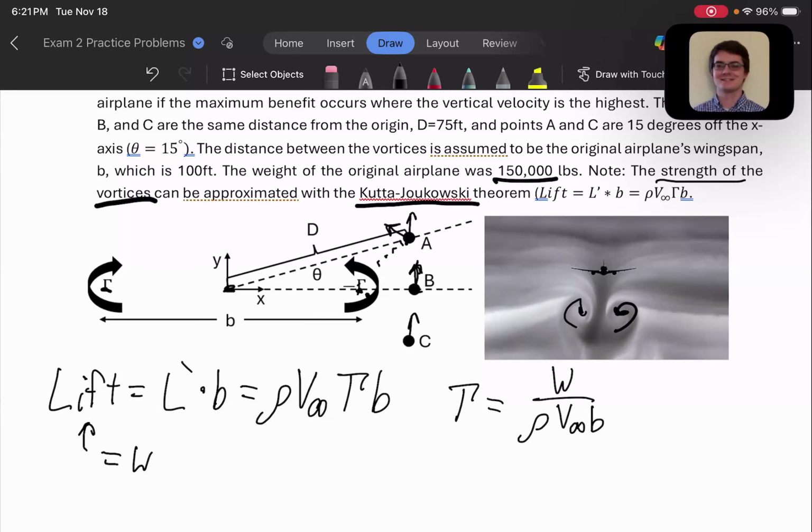If you want, you can go back later and prescribe, hey, this is flying at 200 knots and 20,000 feet, so the density is 0.0018 or something like that. But not having a V infinity or a density even prescribed, we're just going to work through it with symbols.